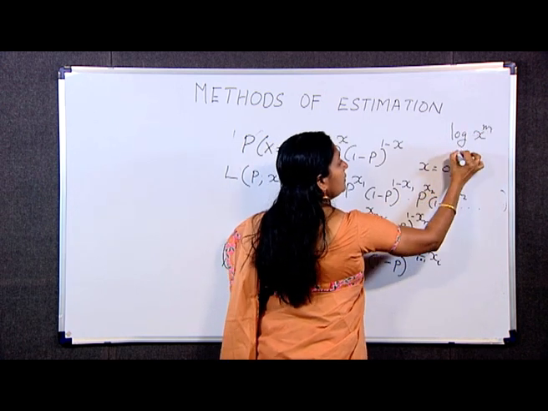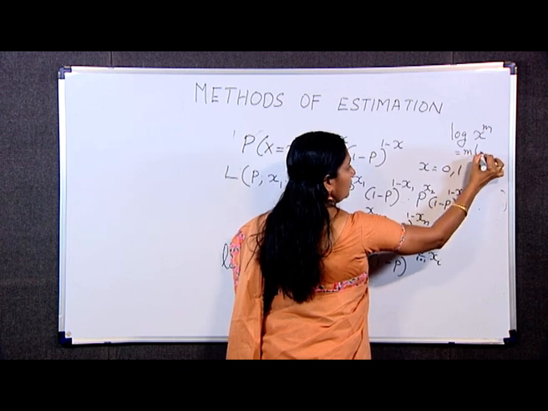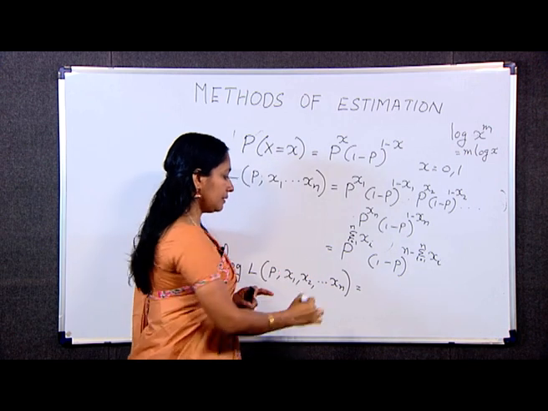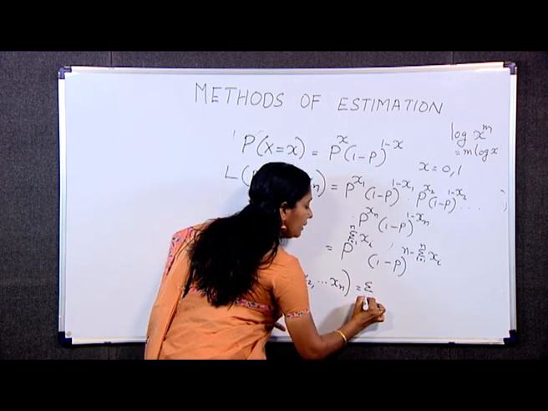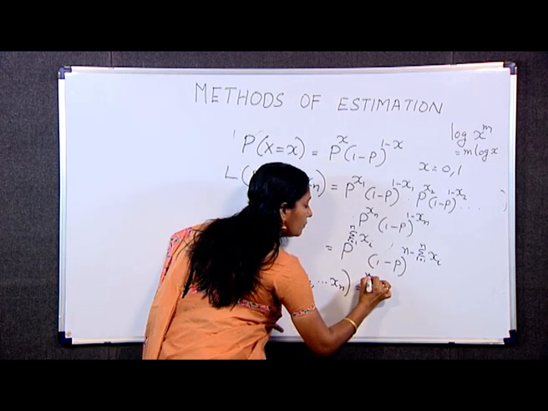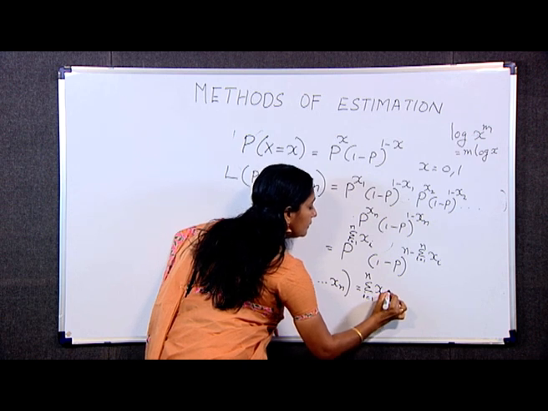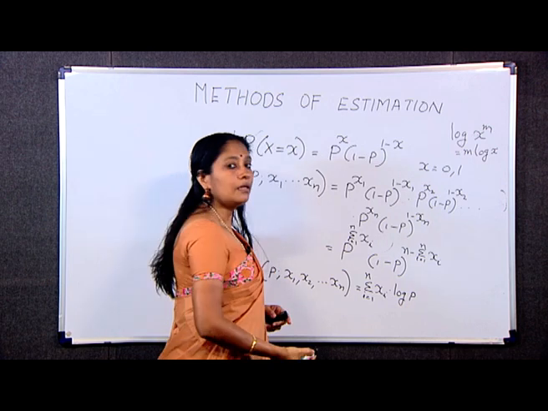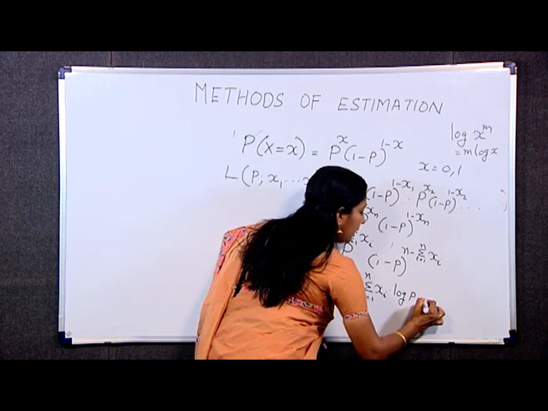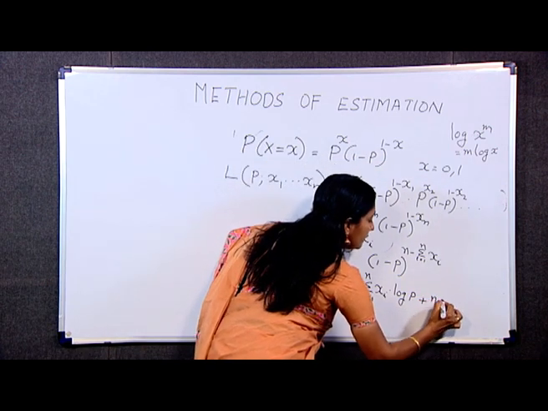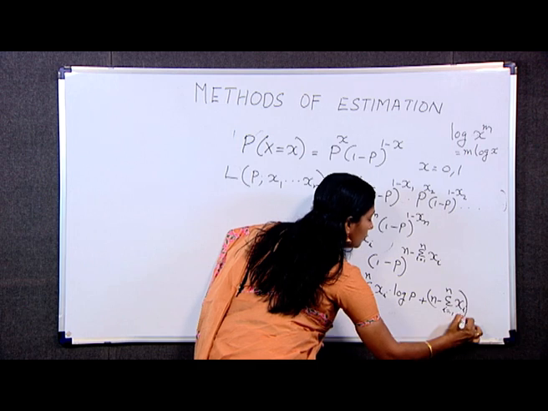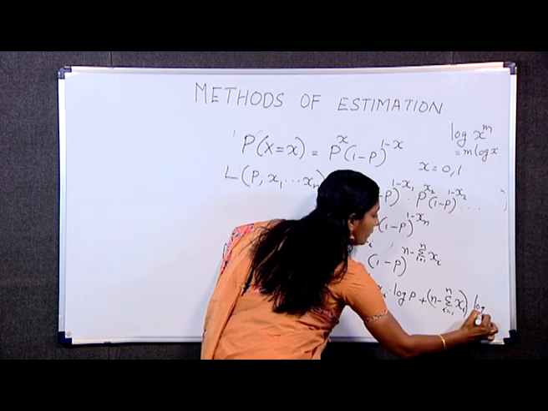We know that it is equal to m log x. Therefore, we get this is equal to summation i = 1 to n xi into log p plus (n minus summation i = 1 to n xi) into log (1 minus p).